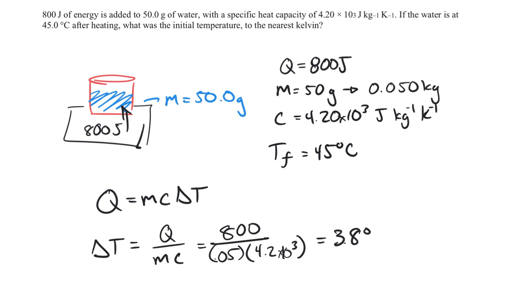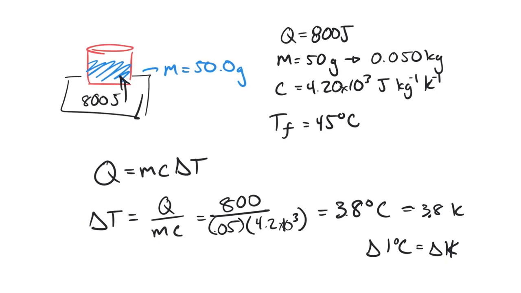And so just remember that that's equivalent to 3.8 Kelvin, because a change of 1 degree Celsius equals a change of 1 Kelvin as well. Because I added heat in this scenario, I ended at 45 degrees.